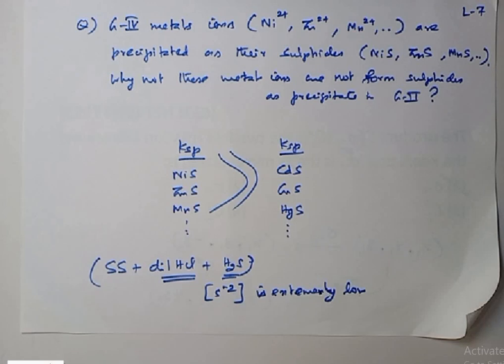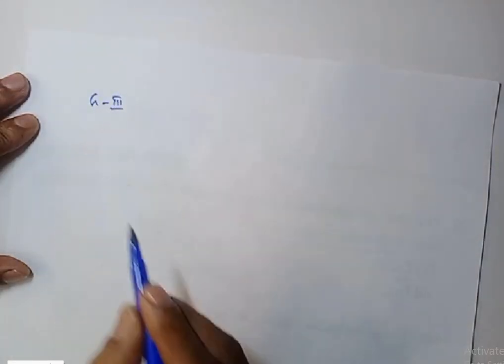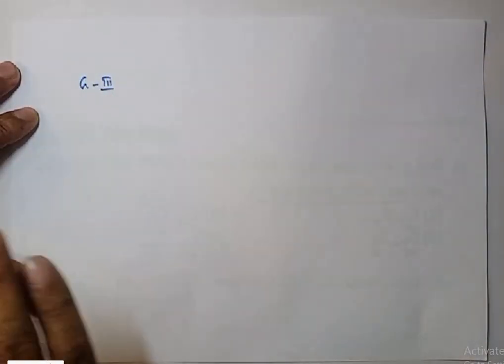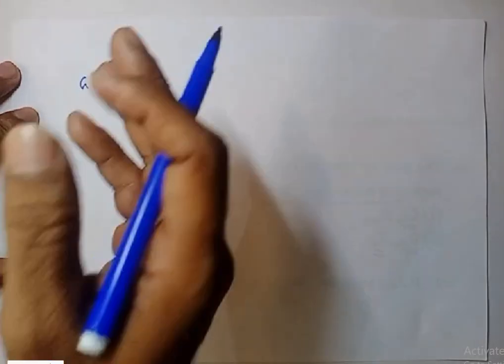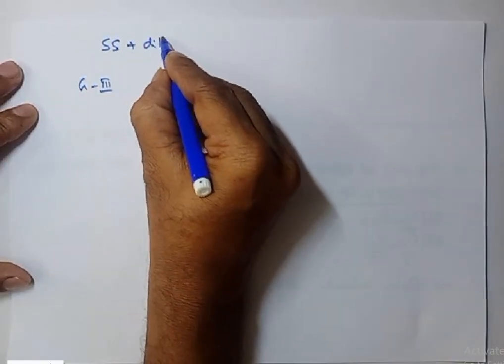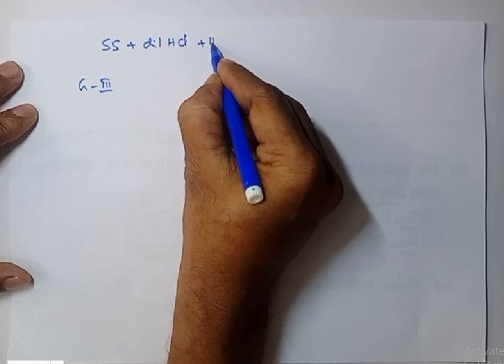Right, now let me continue this to the group 3 metal ions. Before going to group 3, listen, if there are no group 2 metal ions present, you will never get any precipitate, but to the salt solution we have added dilute HCl and H2S, correct?